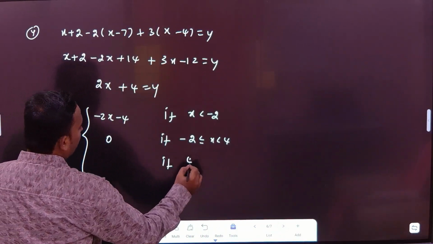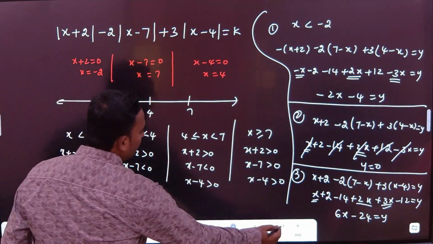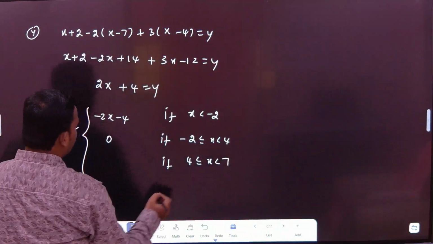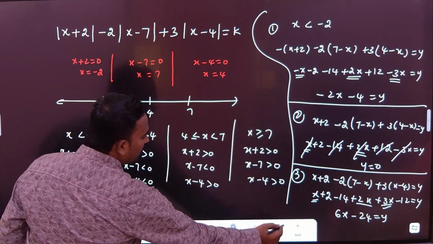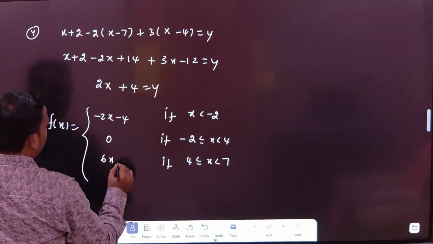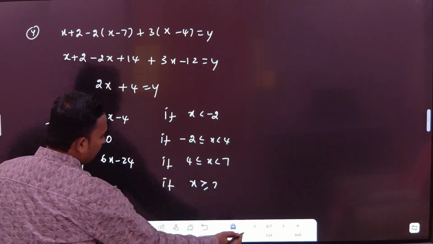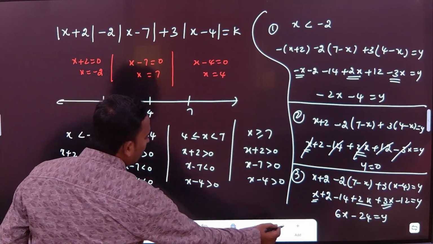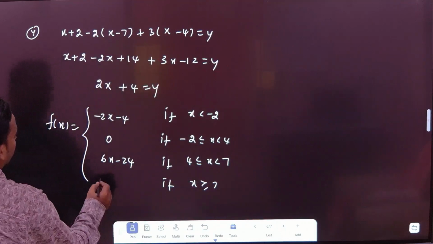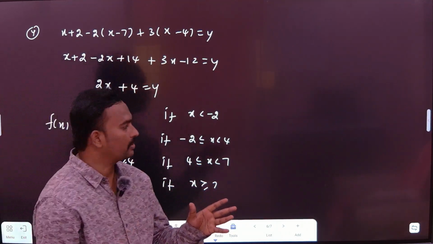Then next is 4 to 7. In this interval, how to define? 6x minus 24. If x is more than 7, finally we describe 2x plus 4. This is your original function. This is your redefined function, right?